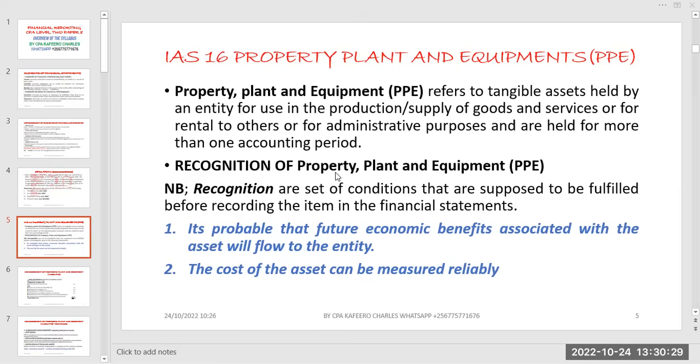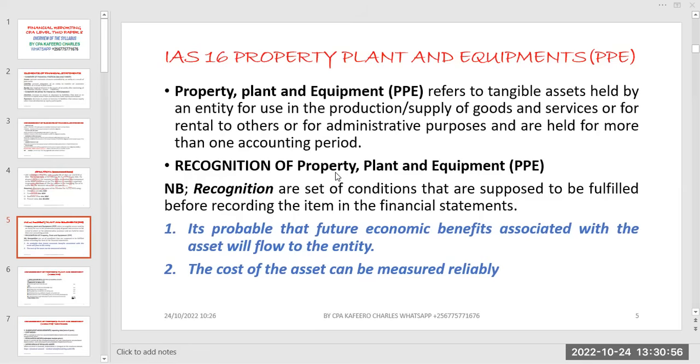And we looked at how items are going to be measured, how we assign values to different assets and liabilities, and the other elements of financial statements. And we said we distinguish the financial statements from the elements of financial statements and from the components.